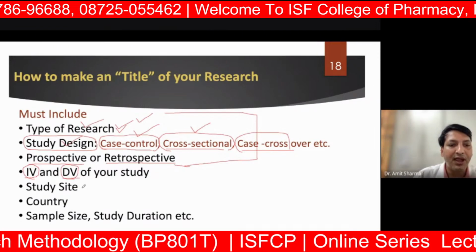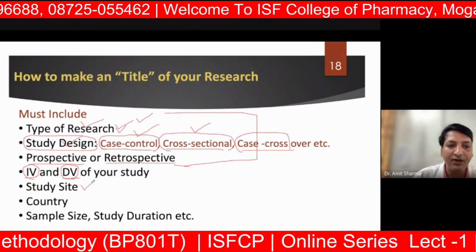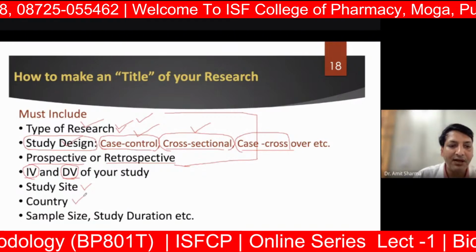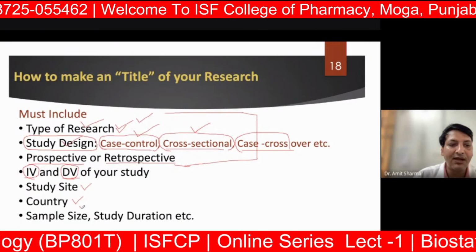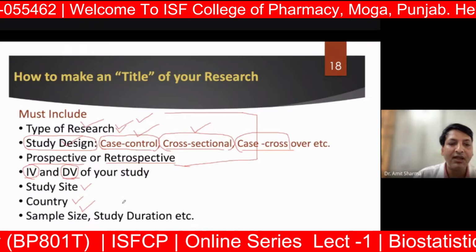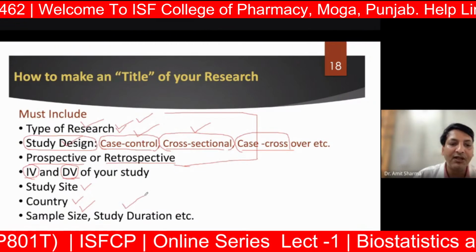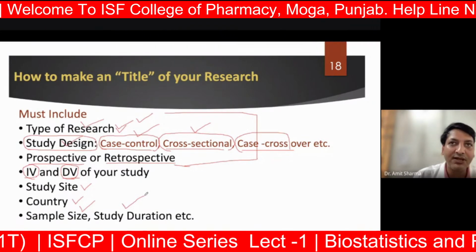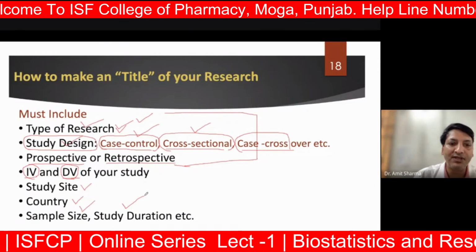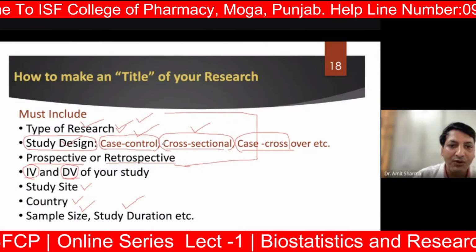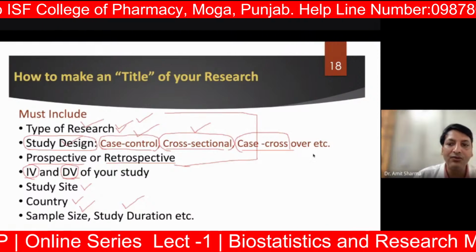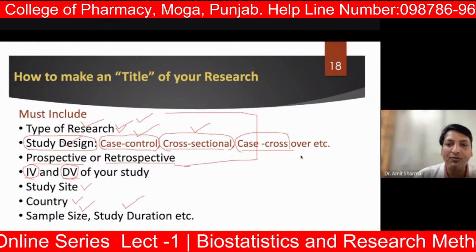You can even add the study site in your title, you can add the country, you can add the sample size, and you can even add the study duration, that the study has been carried out for 3 years or 5 years, like this. So whenever you make a title, try to add all these things, try to make a broader title.